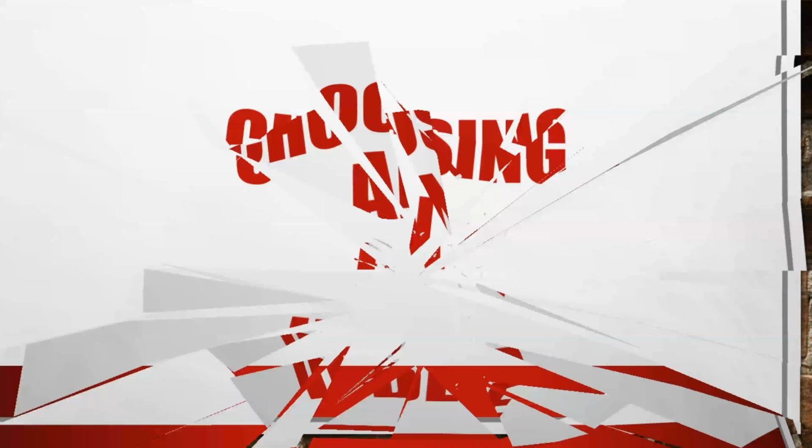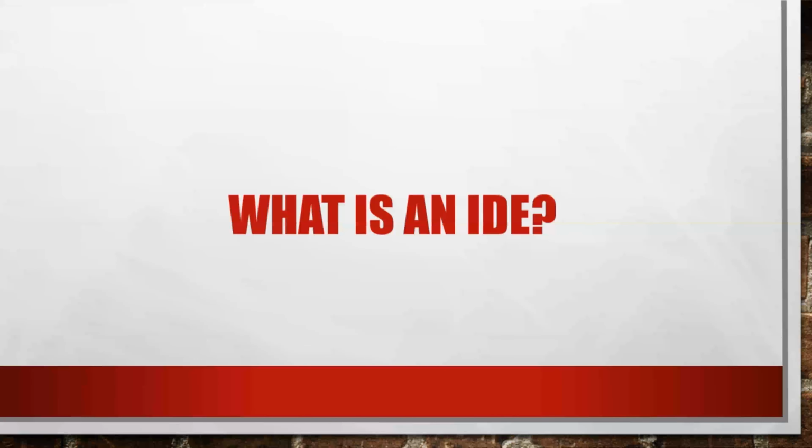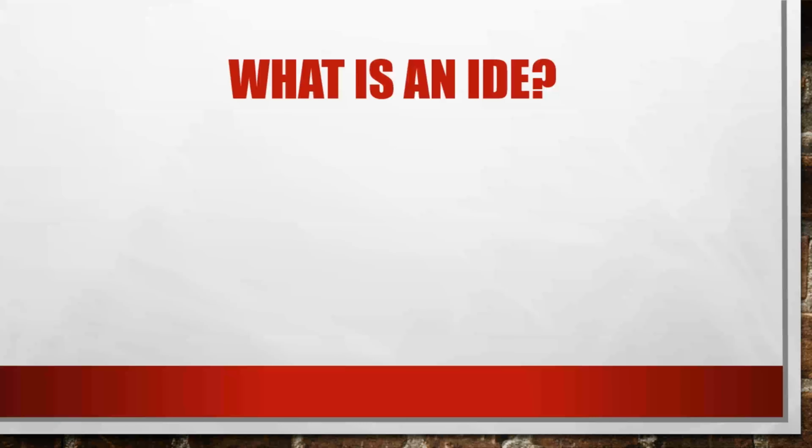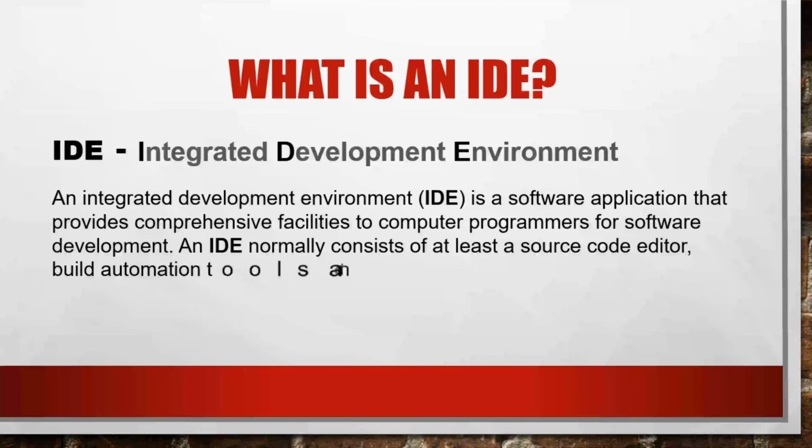Now to start with, what is an IDE? The full form of IDE is Integrated Development Environment. An integrated development environment, IDE, is a software application that provides comprehensive facilities to computer programmers for software development.